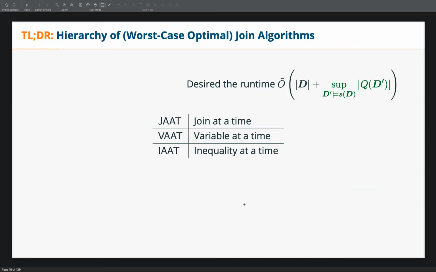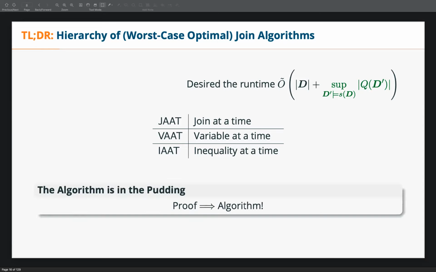You will see that they are all worst case optimal, depending on what you assume about the input and about the query. The main insight that I would like to explain is that the proof is in the pudding, and then you look into the proof and you discover the algorithm.